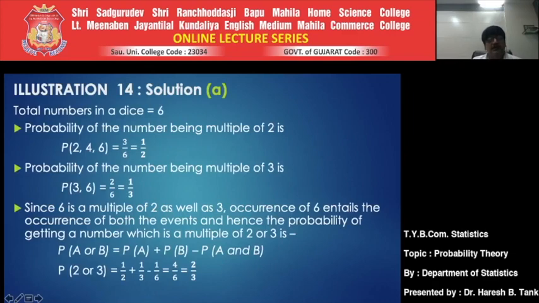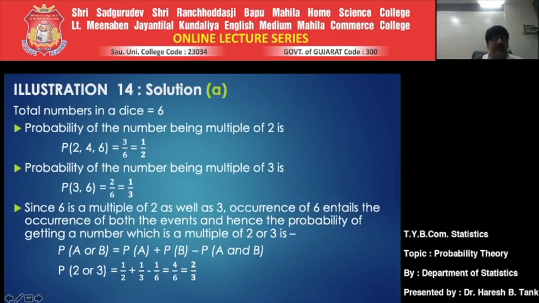Total numbers on the surface of a die are 6, and any one number from 1 to 6 can come on the surface. Probability of the number being a multiple of 2. Which are they? 2, 4, 6.